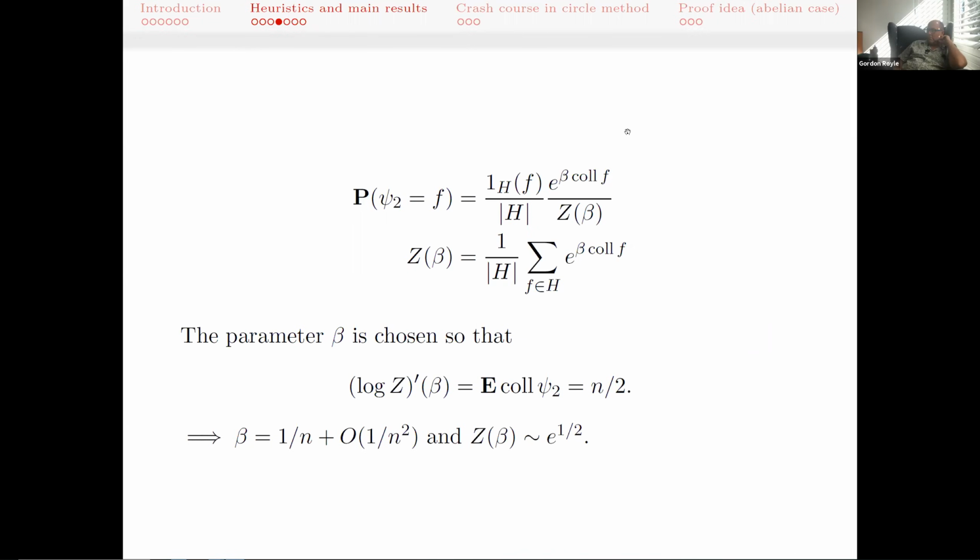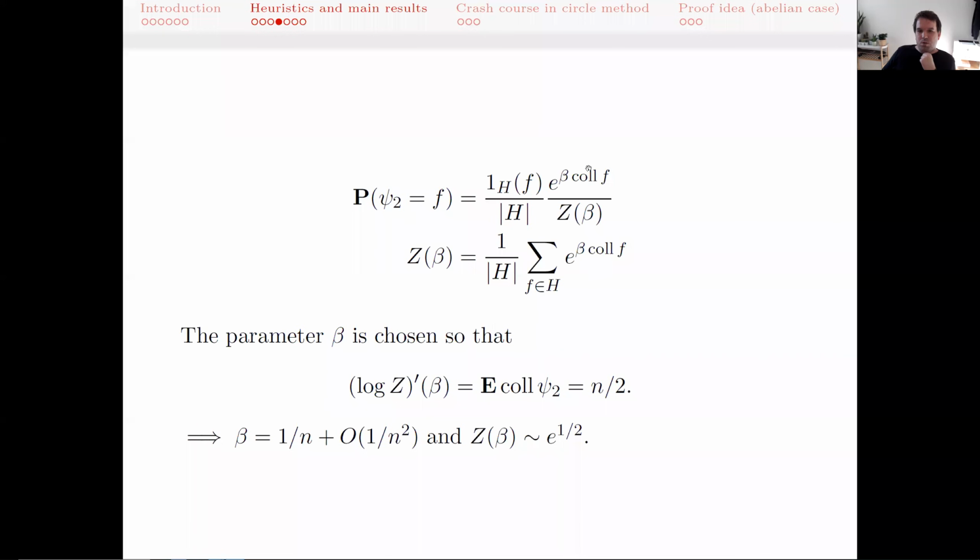So let's see what happens if we take f to be a permutation, which is what we are interested in. Because n is odd, we know that the sum of all the values must be equal to 0, so a permutation would certainly be in our subgroup H. The number of collisions for a permutation is equal to 0.